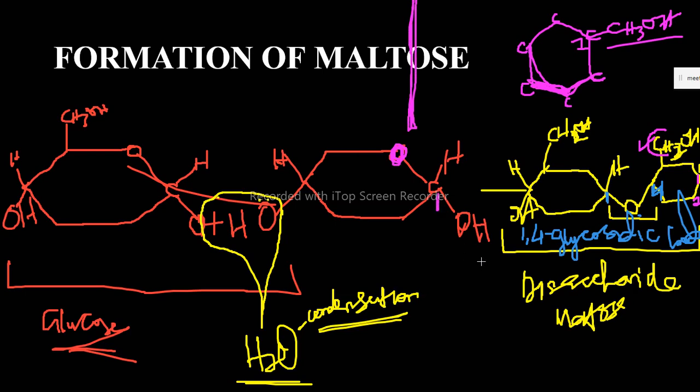So this one becomes 1, 2, and then this one is 3, and then 4, and then 5, and finally 6. Even in this, this will be 1, 2, 3, 4, then 5, and finally 6.